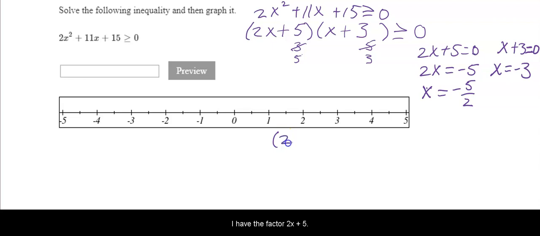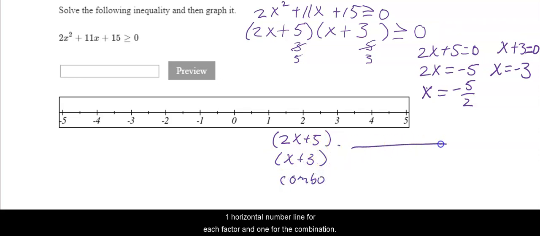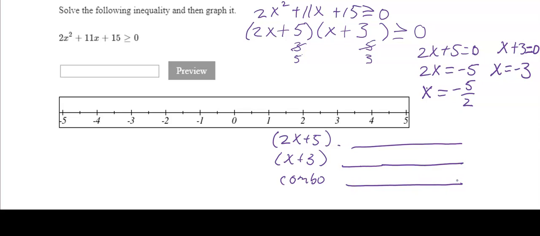I have the factor 2x plus 5 and the factor x plus 3 and their combination. One horizontal number line for each factor and one for the combination. 2x plus 5 has its solution at negative 5 halves, which will make the vertical bar on the left.